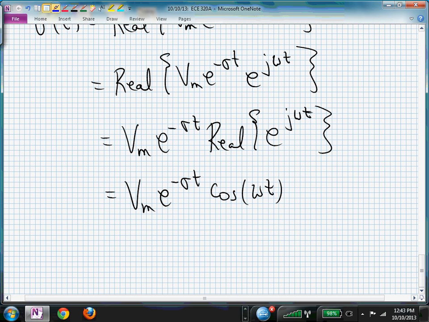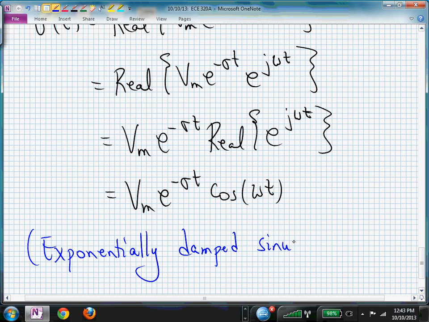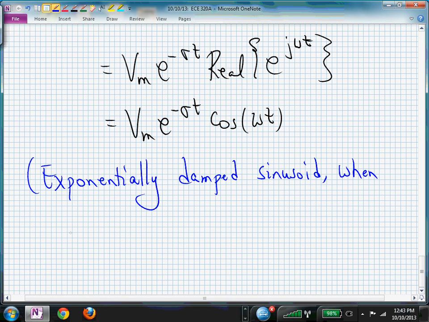We get then for our signal, little v of t, an exponentially damped sinusoid when s is equal to minus sigma plus j omega.